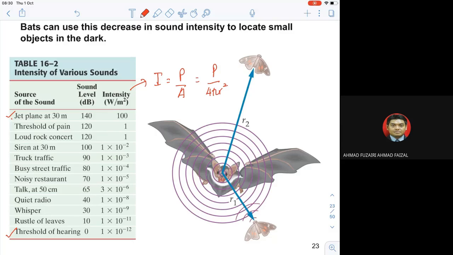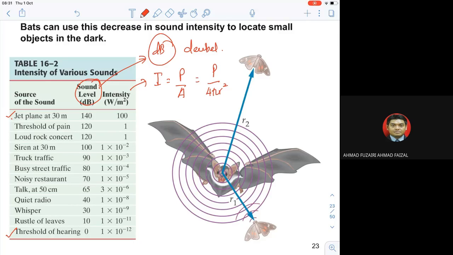So that is sound intensity. Another unit for the intensity is called sound level. The unit for sound level is dB. What is dB? Decibel.